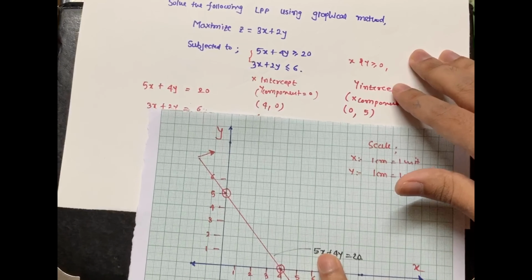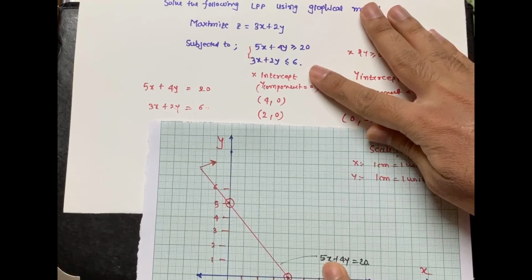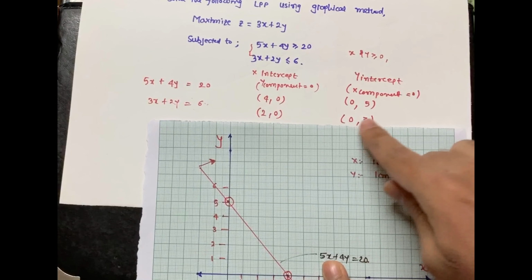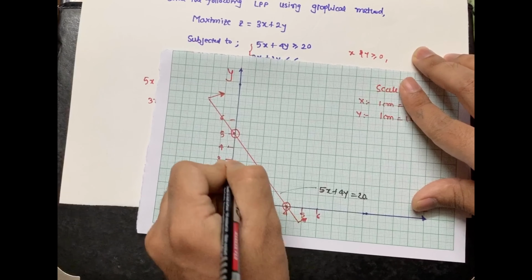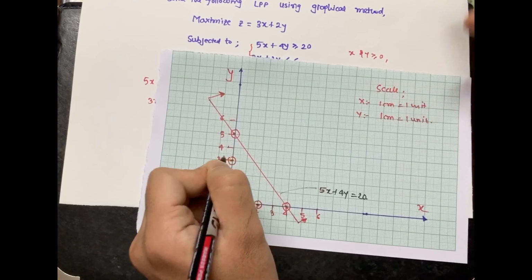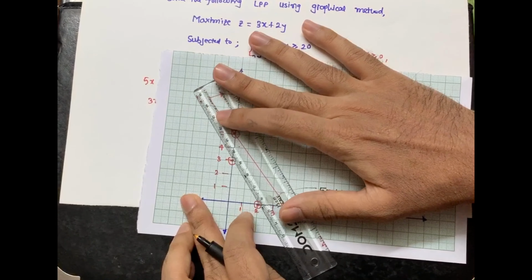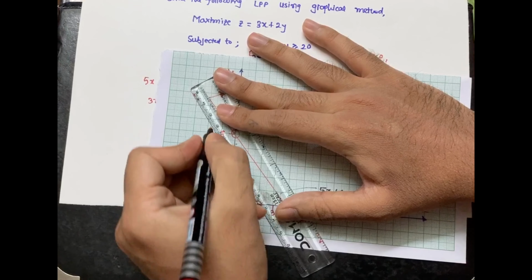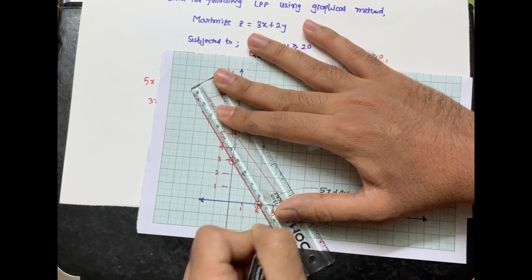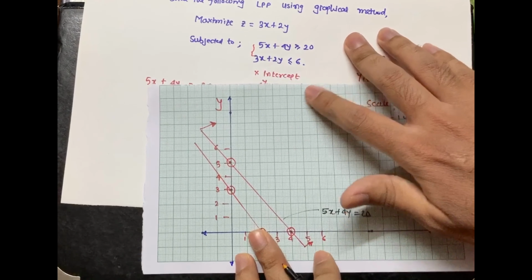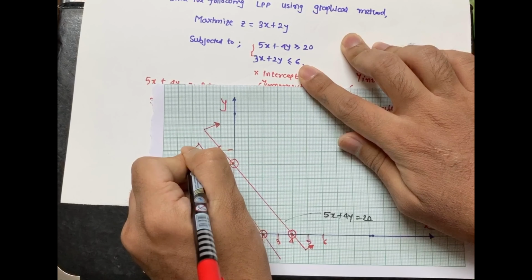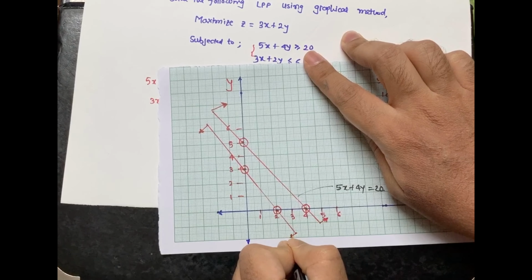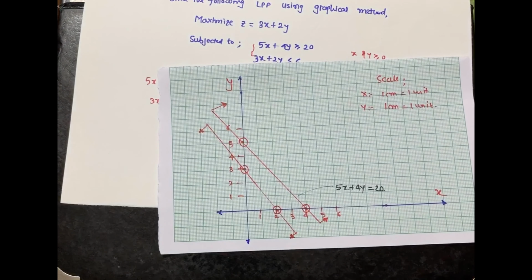The second, 3x plus 2y is less than or equal to 6. For that, there are (2, 0) and (0, 3). So this is my (2, 0) and (0, 3). Connect these two dots. The constraint inequality here is of less than or equal to type, meaning the feasible region is below this.